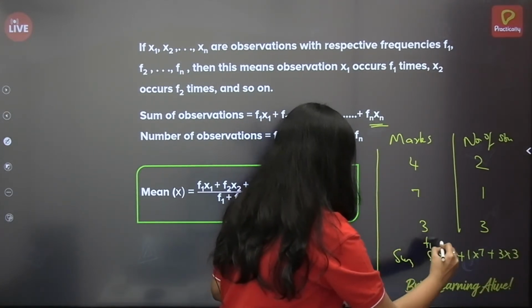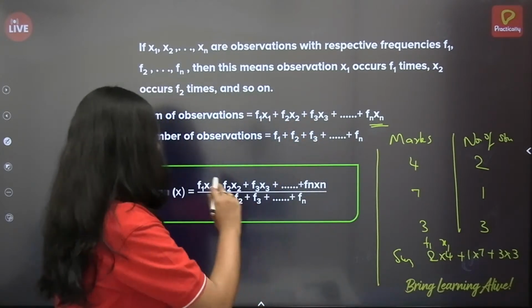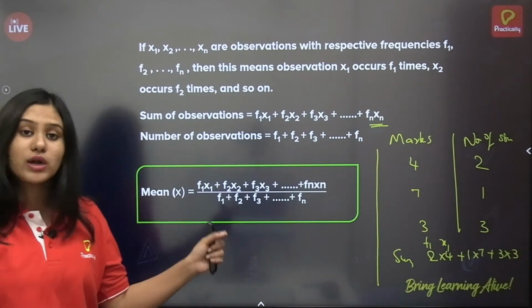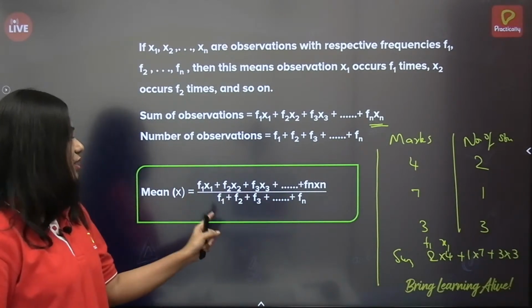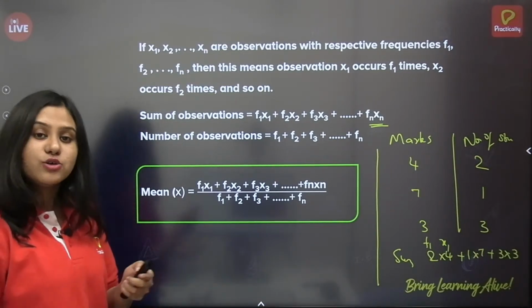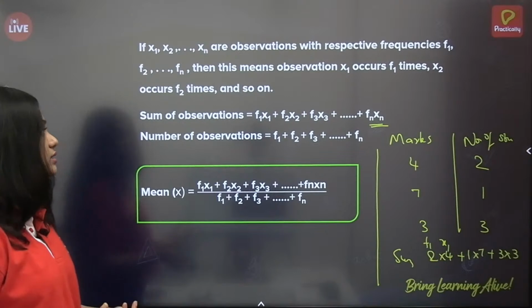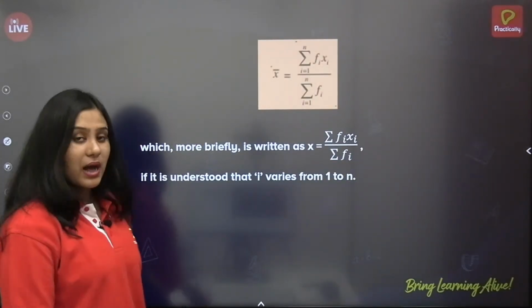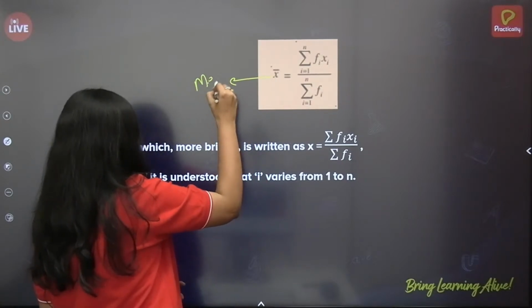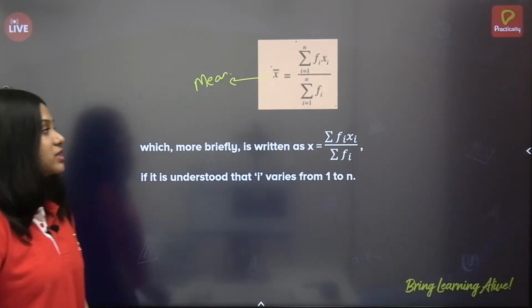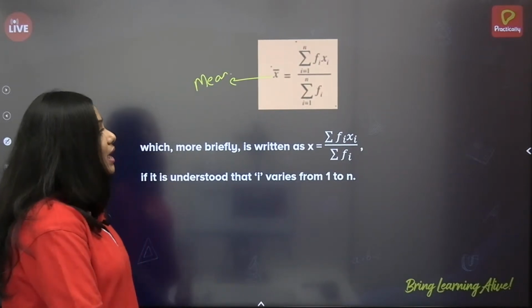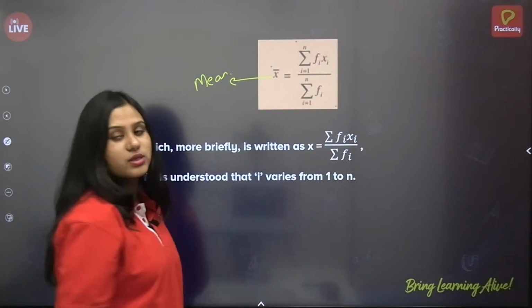This is the sum of observations, correct? So f1 x1, right? That is what we have written here, f1 x1 plus f2 x2 plus f3 x3 so on till fn xn, divided by f1 plus f2 plus f3 so on till fn. So how could we reduce this formula? We can write it as x bar. What is meant by x bar here? X bar is nothing but mean, okay? So x bar is equal to sigma fi xi, i equals 1 to n, by sigma fi, again i equals 1 to n.